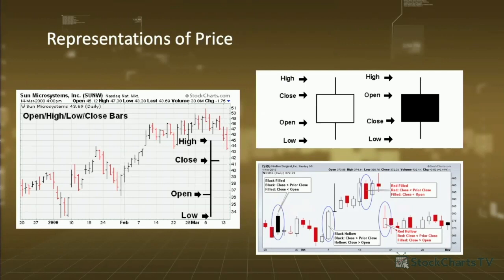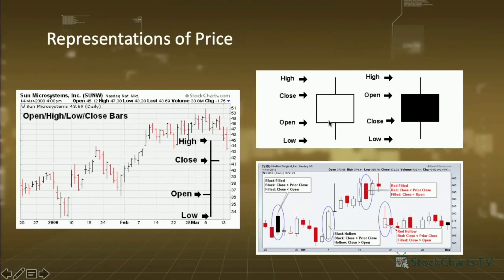And here you can see how the candles are set up in basic language, just like the OHLC bar. You've got the high, of course, at the top of the wick, and then on the bottom here, you have the low, obviously for the intraday high and low. Then you have your open and close, just like we did here. Only with the candlestick, you make it a box, you make it a candle.